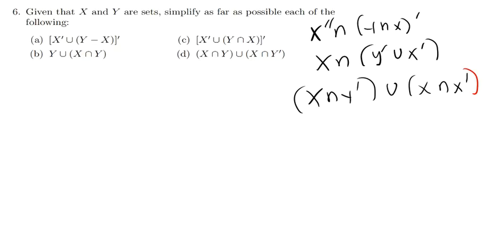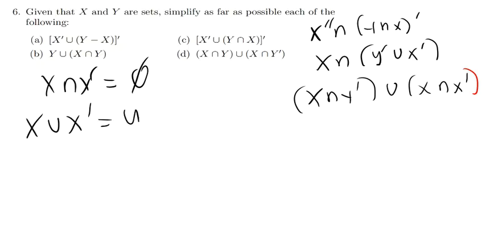Now here, what is x intersection x complement? Guys, these are the principles that you need to know. X intersection x complement is empty set. X union x complement is universal set, which is E. You don't know about this? Do you want me to prove it for you?